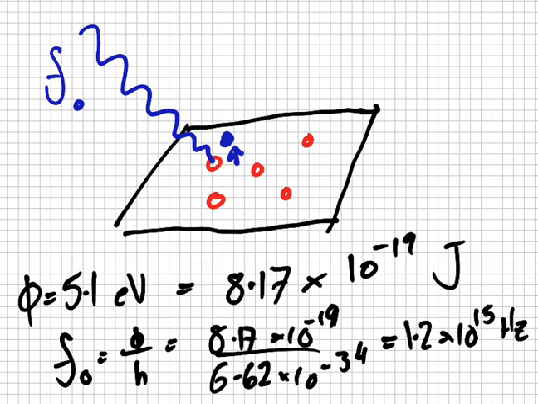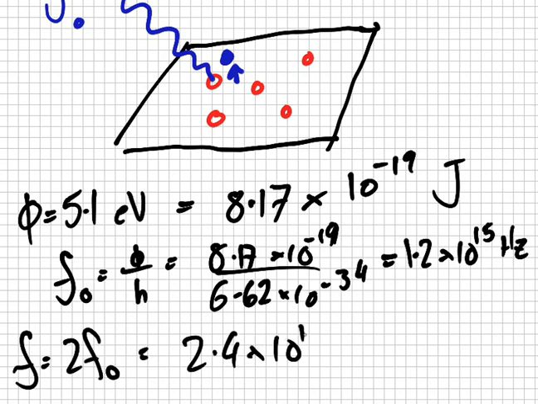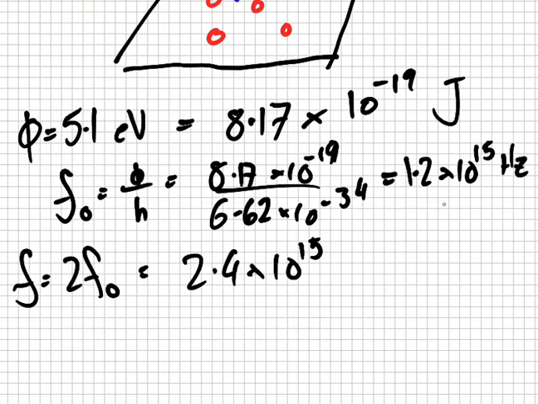Just about. My next question is, how much energy would the electron have if the frequency is twice this? So if the frequency is twice this, how much energy will it have? Well, the frequency would be this, twice this number. And I can calculate the kinetic energy by using Einstein's formula.